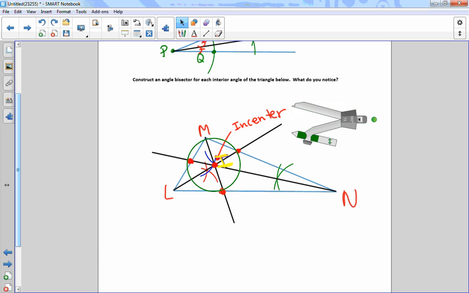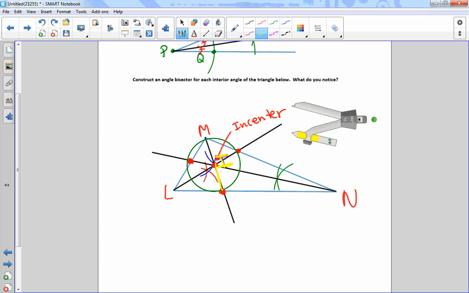Okay, what happens on the circle and the triangle? The circle touches the triangle in specifically three points of angle bisectors, which meant that this segment right here, we found a radius.